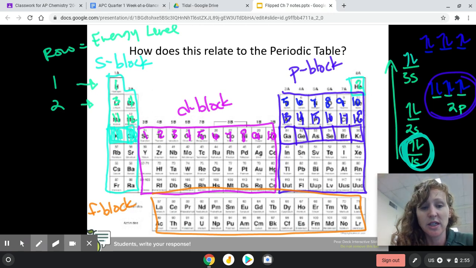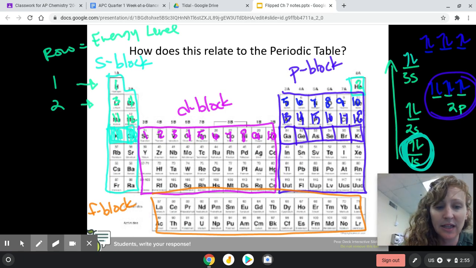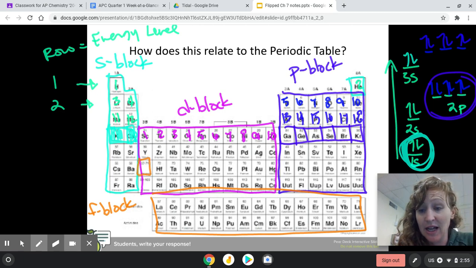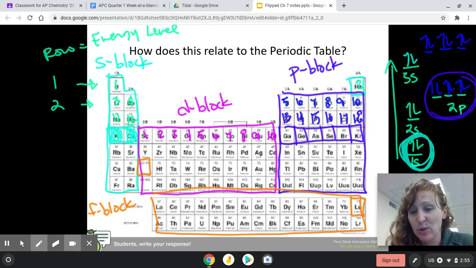It should be 14 elements over, but depending how the periodic table is set up, sometimes it is and sometimes it's not. Like notice this periodic table pulls out an element here. So instead of this Lu being in the D block like it's supposed to, this periodic table has decided to pull it out and put it in the F block.